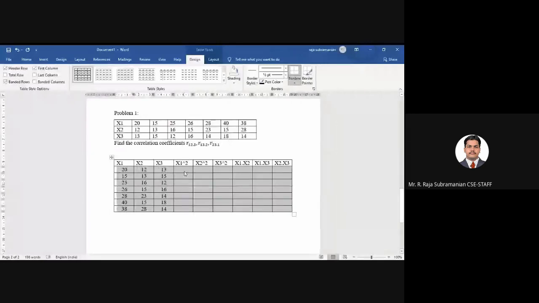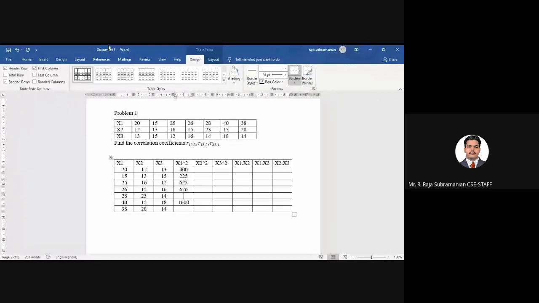What is 20 squared? 400. 15 squared is 225. 25 squared is 625. 26 squared is 676. 40 squared we know is 1600.